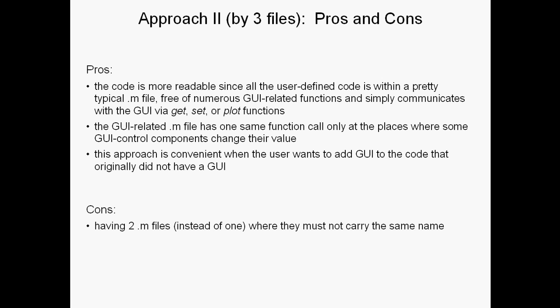Another good part of it is that GUI-related M file has one same function call only at the places where some GUI control components change their value. So this approach is convenient when the user wants to add GUI to the code that originally did not have a GUI. And I especially like that part, which enables us to add some GUI functionality even to our older codes that were originally not written with GUI in mind.